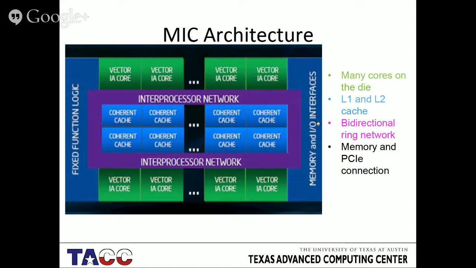This is just a quick look at the architecture. The main thing to notice here is all the cores are connected in a ring network. So what this means is even though when you log into the mic it looks like one system, let's say you have instructions running here and instructions running here.